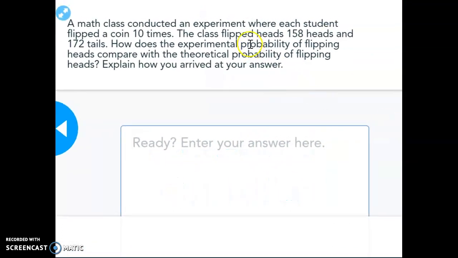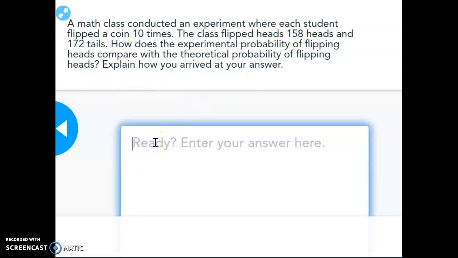A math class conducted an experiment where each student flipped a coin 10 times. The class flipped 158 heads and 172 tails. How does the experimental probability of flipping heads compare to the theoretical probability of flipping heads? So we're talking heads flipped.